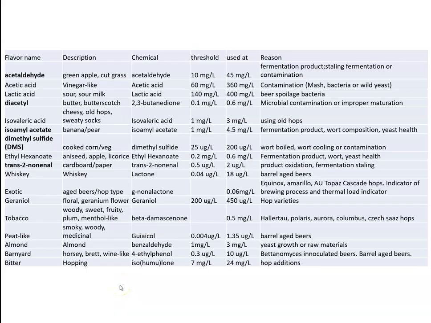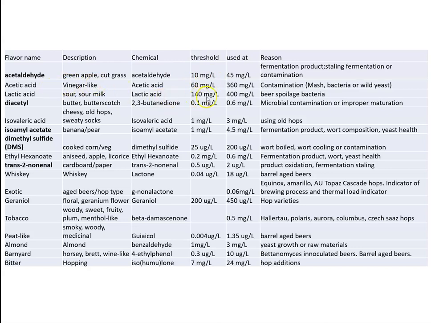So the next time we meet in terms of our chemistry portion, we're going to look at trying some of these flavors. I have food grade compounds that I'll spike into some of our non-alcoholic beer, and you can see the thresholds here. These are kind of arbitrary numbers for you, but you can just see how, for acetaldehyde, you need about 10 milligrams per liter to be able to taste it.